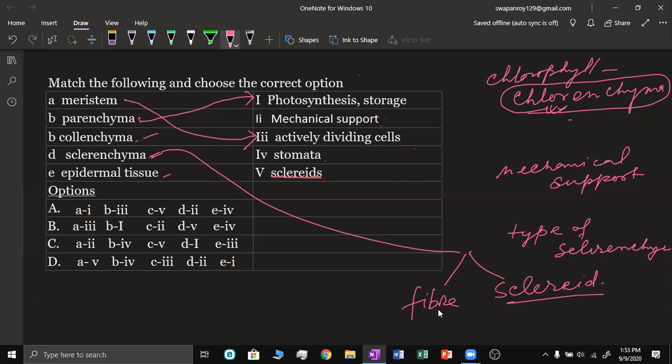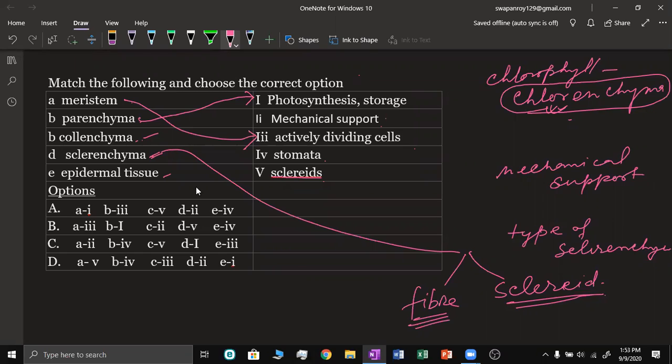Fibers are long and thin, but sclerids are short and of irregular shape. So this sclerenchyma can match with the mechanical support, with the sclerids.